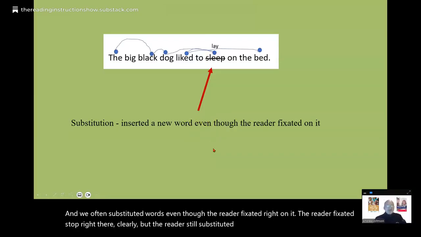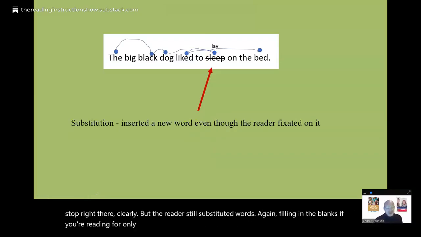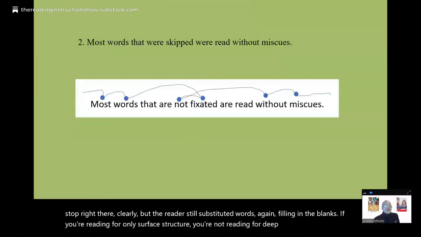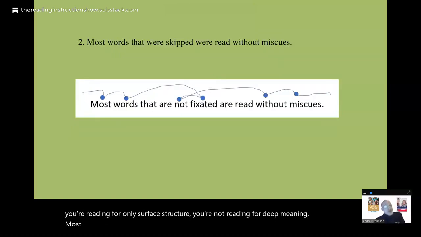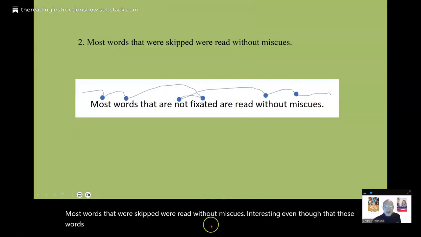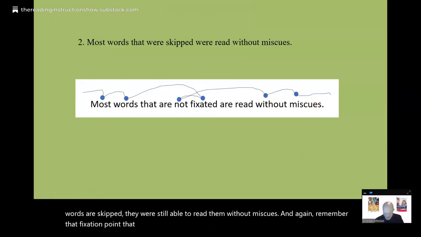Again, filling in the blanks. If you're reading for only surface structure, you're not reading for deep meaning. Most words that were skipped were read without miscues. Interesting. Even though these words are skipped, they were still able to read them without miscues. And again, remember that foveal fixation point, 3 to 6 letters.